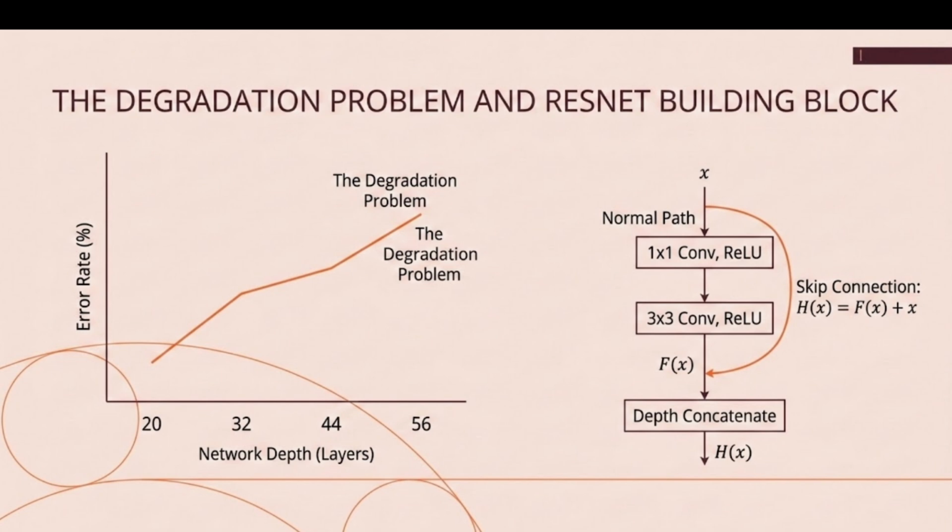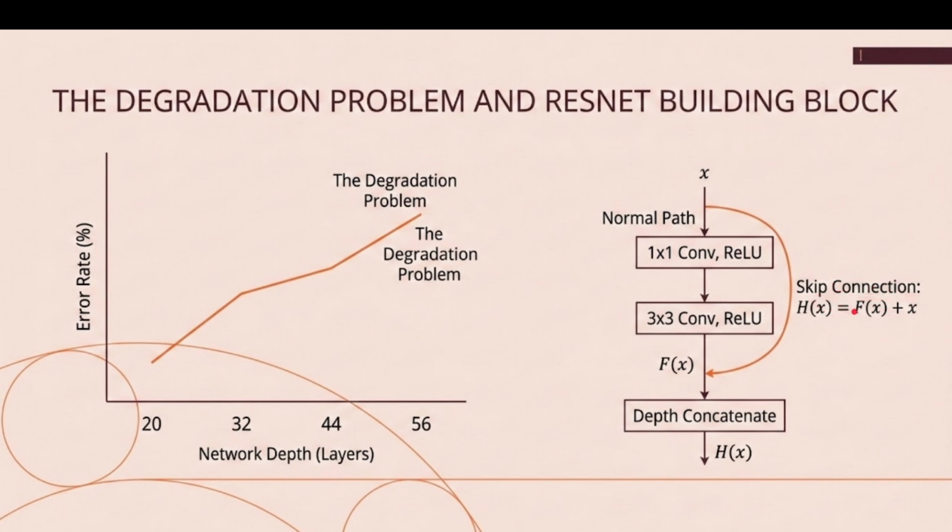ResNet solved this with one deceptively simple addition: the residual or skip connection. Instead of forcing data to crawl through every single layer, ResNet added a wire that skips over the layers, sending the original input, x, directly to the output. Now the math becomes H(x) = F(x) + x.